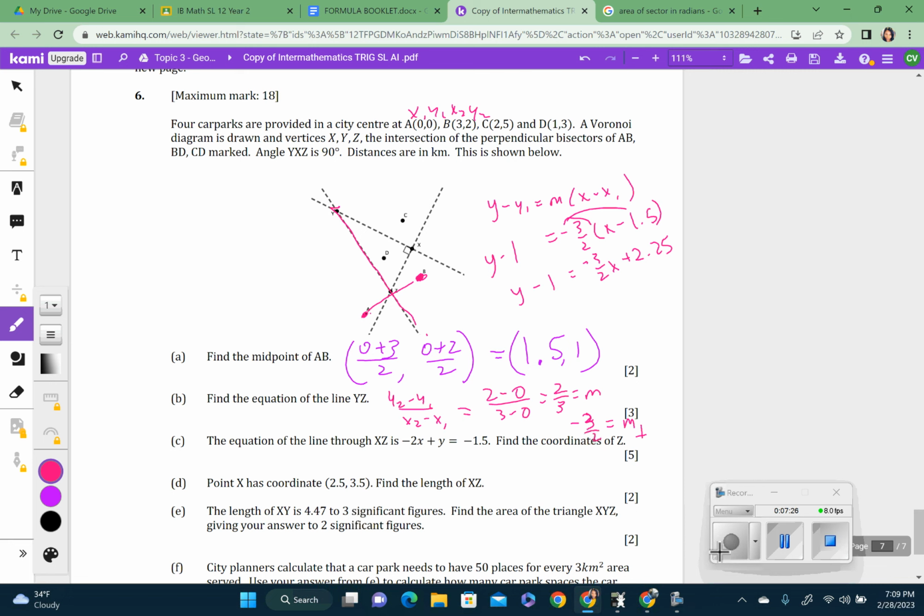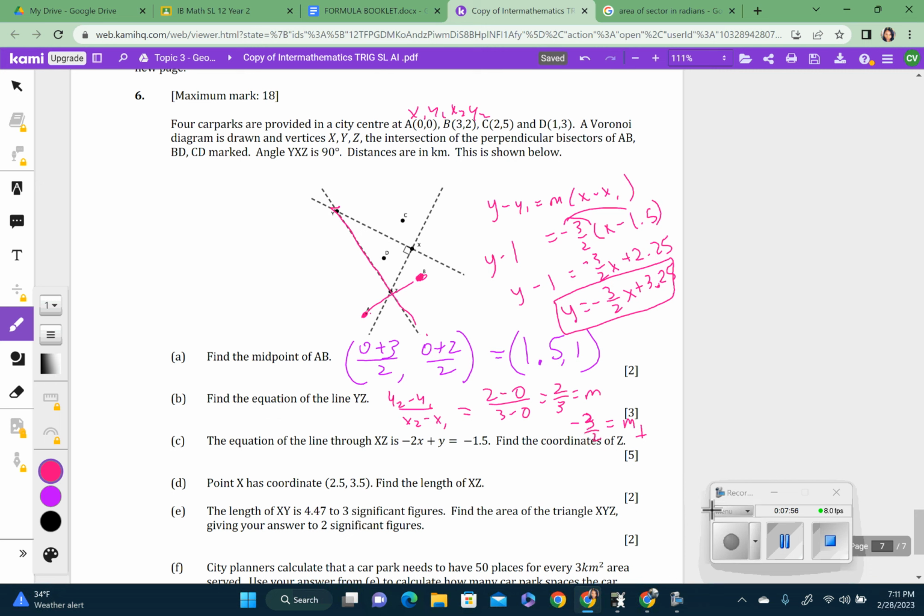So I add 1 to both sides, and I get y is equal to negative 3 over 2x, and I'm going to add 1 to that, so that's going to be plus 3.25. And you could technically leave it like that. So that right there is going to be the answer for part B.